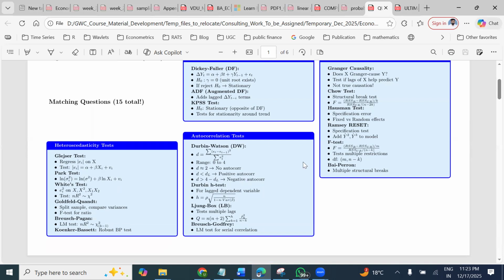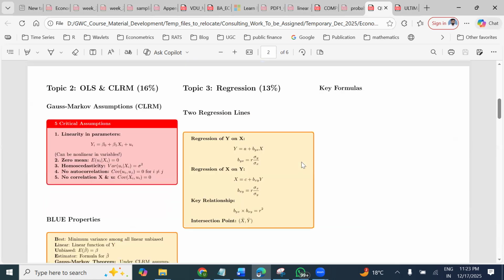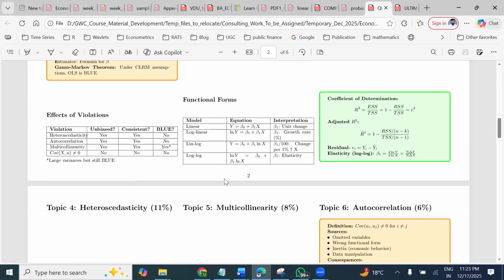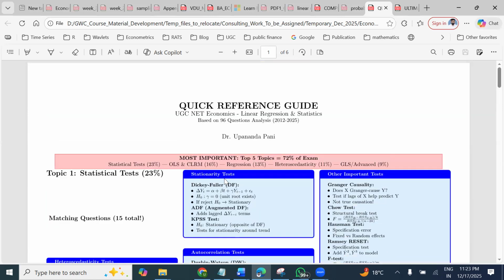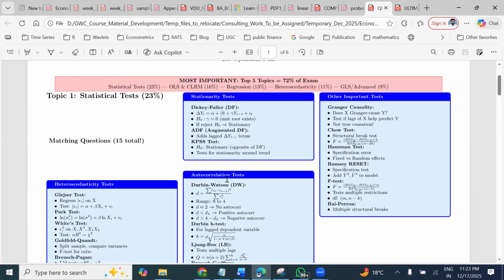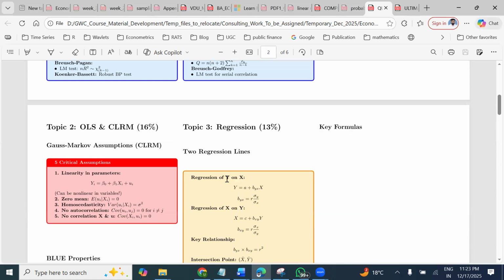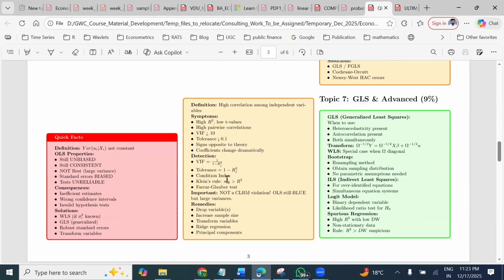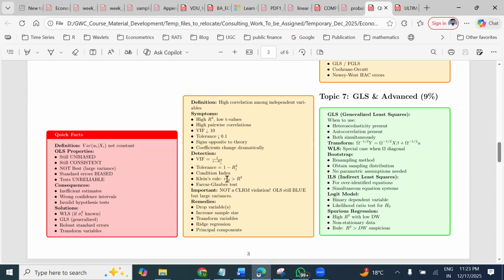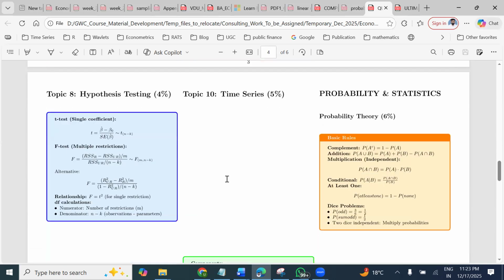We will be discussing what we do in these tests also, but I will share it with you. Then the Gauss-Markov assumptions. What is the color code? Red means you should know, in terms of reading. The color code shows different priorities, so what you should know and where you should focus.